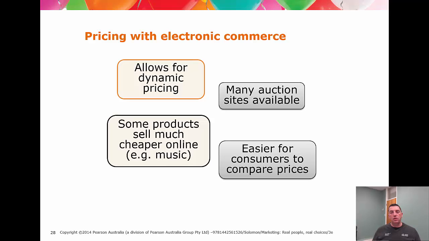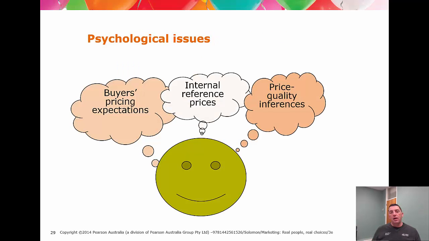The other thing to note is how mobile devices have changed pricing for e-commerce goods and services. For example, the price of movies or the price of music now reflects how we access, buy and acquire the product. Psychological issues: buyers' pricing expectations, internal reference prices, and price quality inferences.